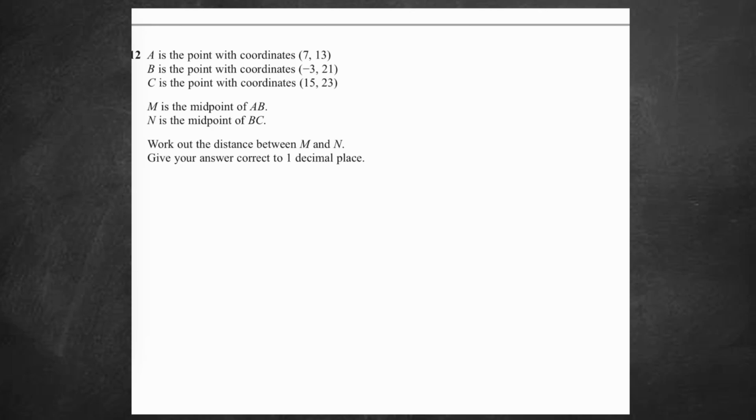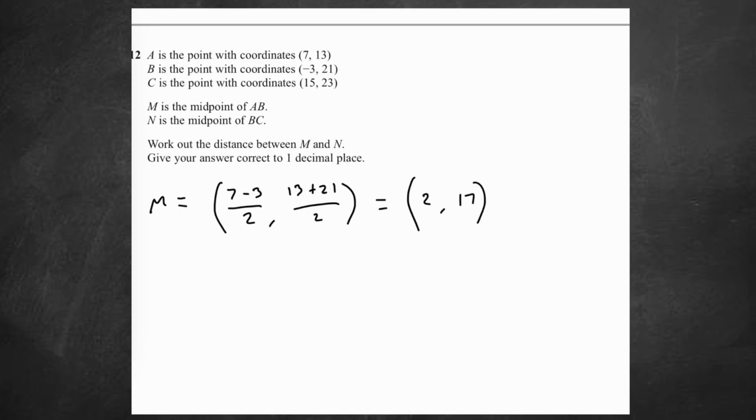So if M is the midpoint of AB, then we know that M is going to have x coordinate of A plus B divided by 2 for the midpoint. So 7 minus 3 over 2, and the same for the y coordinate, 13 plus 21 over 2, which gives us 4 over 2, which is 2, and 34 over 2, which is 17.